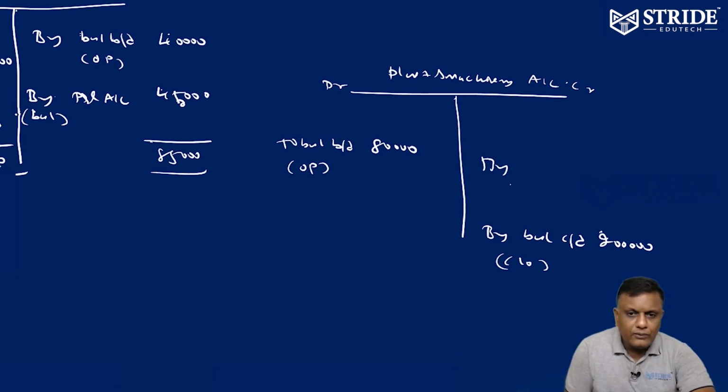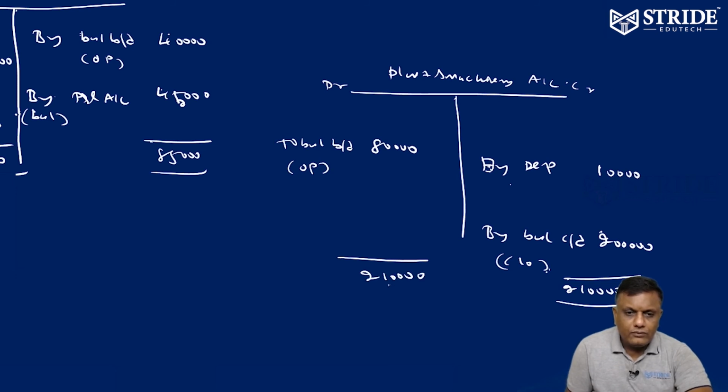Depreciation point number 1, for current year for plant and machinery depreciation 10,000. So that's it. No other items are given. So 2,10,000 total. Missing figure 1,30,000, which means to bank.